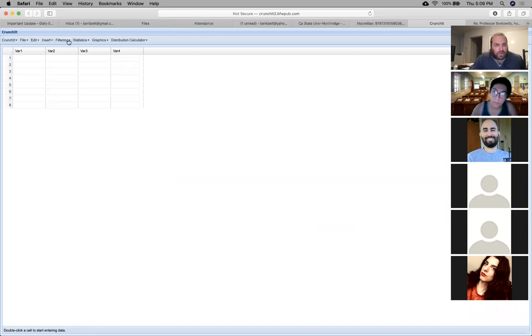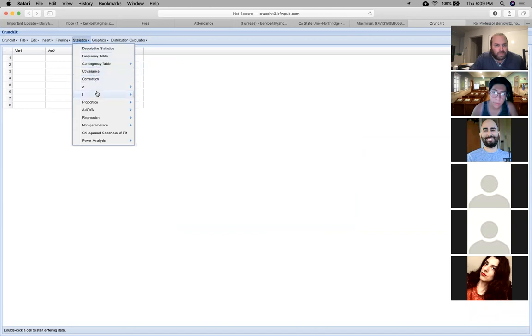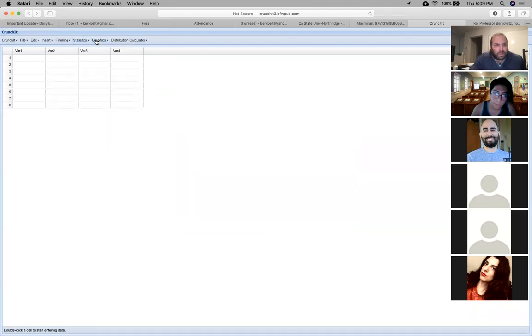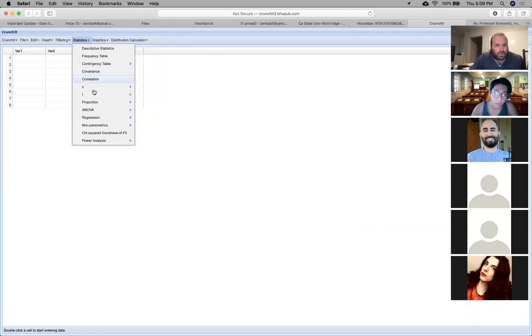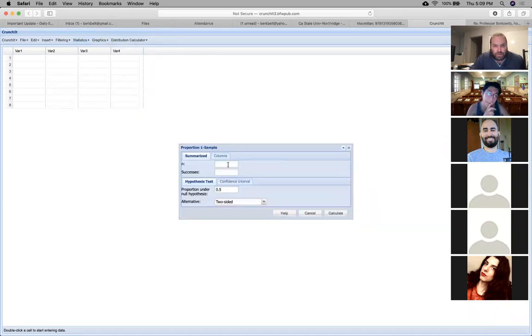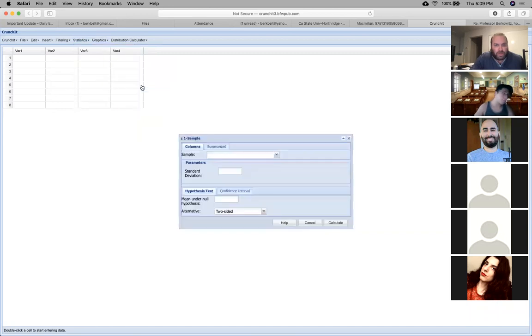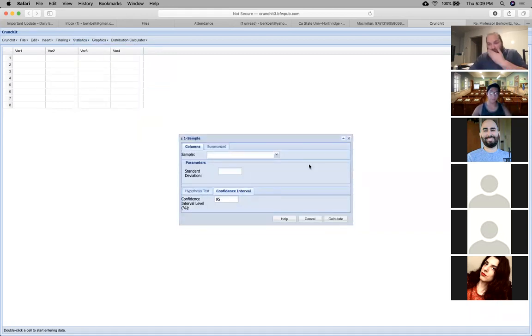Hold on, it's got to be here somewhere. We'll have to find it eventually anyways, so you might as well. I think it's under proportion sample 2. For proportion? Yeah. And then 2 sample. Oh, here we go. Yeah, confidence intervals. Okay, so it was there. I just missed it. It would be there for Z as well. Right here, confidence intervals. Okay, good. So yeah, they definitely do it.